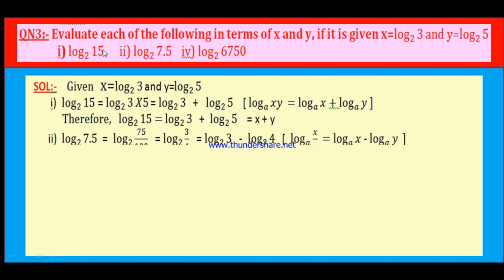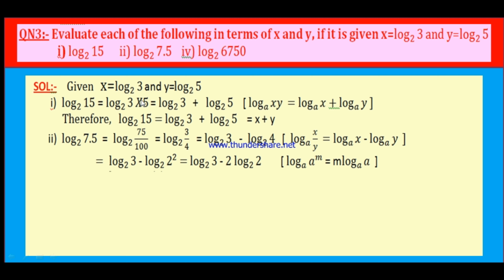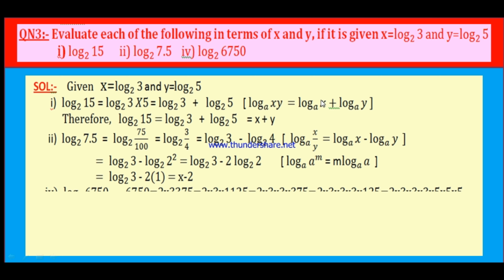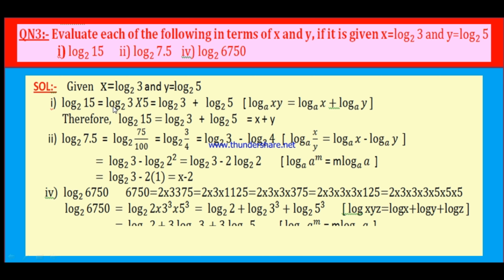Now go to the first bit, log 15 to the base 2. If you write 15 as a product of two prime numbers, you can write this as log 3 into 5 to the base 2. This is in the form of log x into y. Log x into y is nothing but log x plus log y. Therefore, this is log 3 plus log 5. What is log 3 to the base 2?